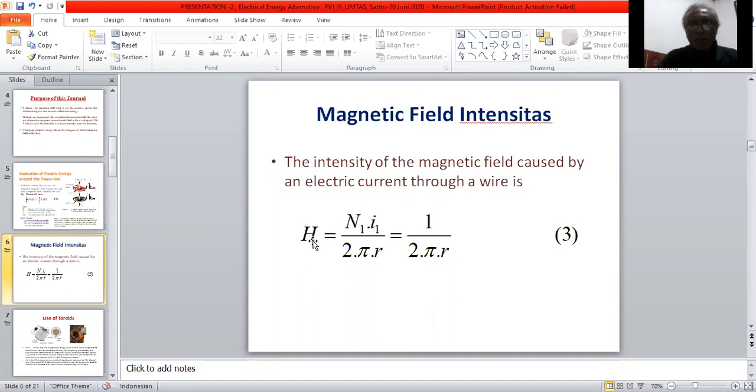H is the intensity of the magnetic field, which is dependent on the current flowing in the power line I1, the winding of the power line, and the radius of the circle of the magnetic field around the wire.